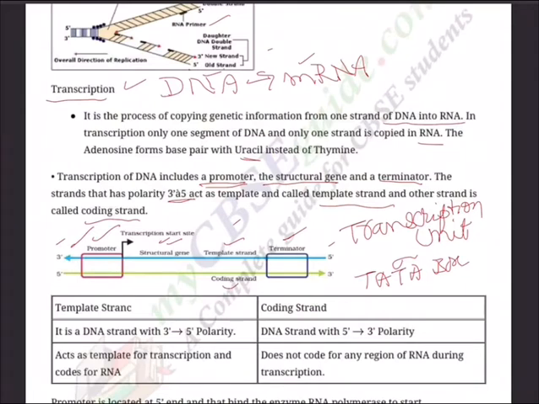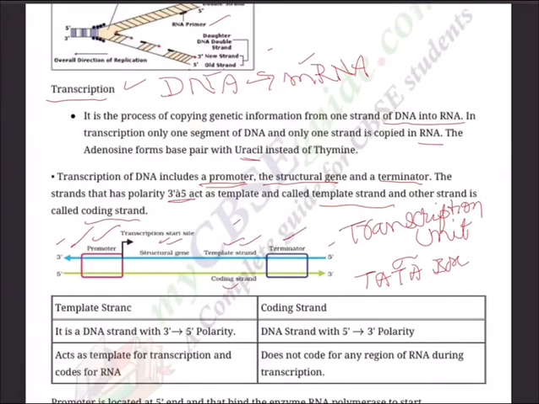The structural gene is a component of that strand of DNA which has 3' to 5' polarity. This strand of DNA is called the template strand, as I said just now, or the master strand, antisense or negative strand.